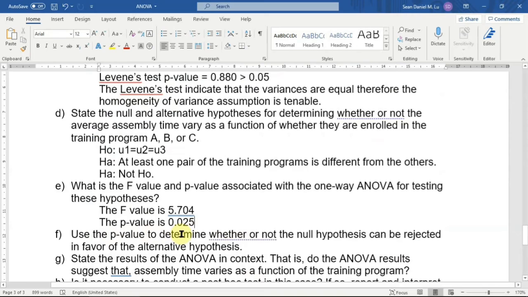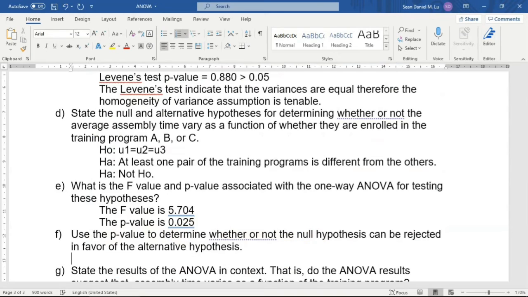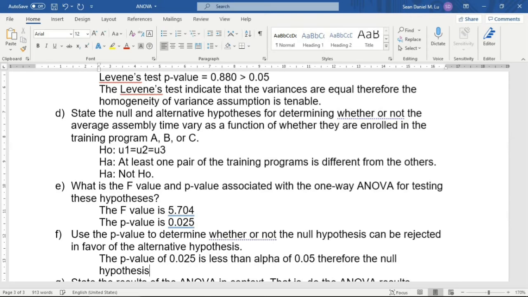Use the p-value to determine whether or not you should reject the null hypothesis. The p-value of 0.025 is less than alpha of 0.05. Therefore, the null hypothesis can be rejected.